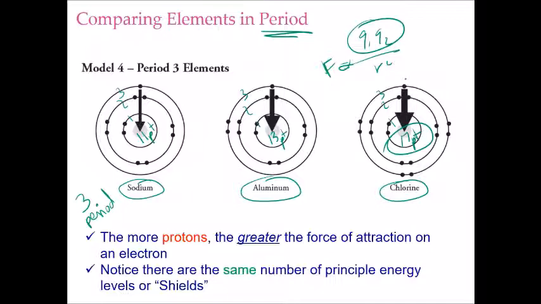So that's why this force of attraction on the valence electron over here is much higher, and it has the bigger arrow. Adding more protons, the greater force of attraction on the electron. And that's how you're comparing the ones in the same period. So nuclear charge, more protons, greater force, higher ionization energy.